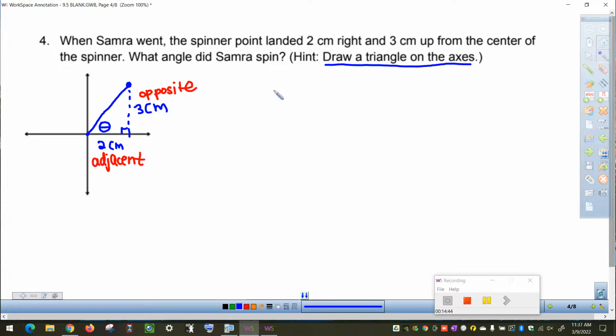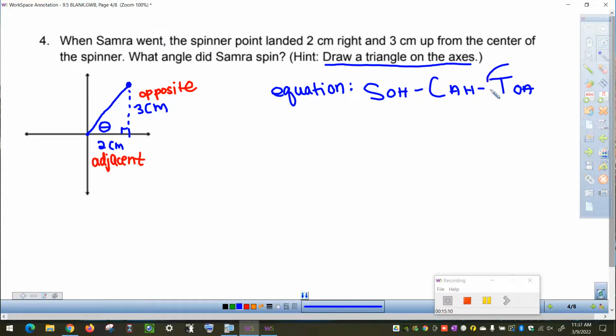So we're actually going to be able to set up an equation here using one of our trig functions. We've been talking this week with right triangles about SOHCAHTOA. In this scenario, which one of these trig functions would we be able to use that would relate the information we have?